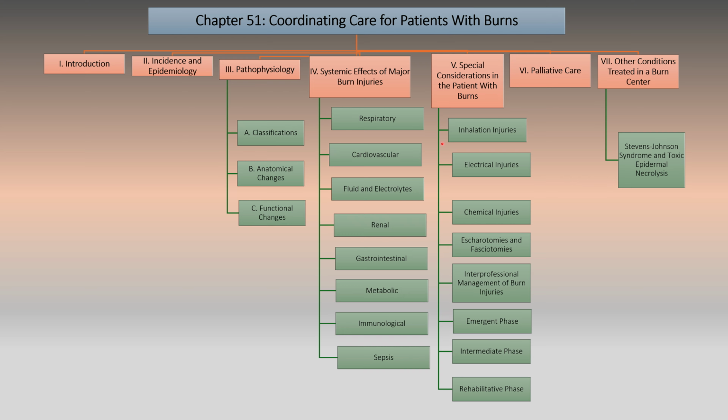We have respiratory compromise and carbon monoxide poisoning. Upper airway edema can develop rapidly. But here we have inhalation injuries, which is the carbon monoxide, electrical, contact points, cardiac monitoring, myoglobinuria management.